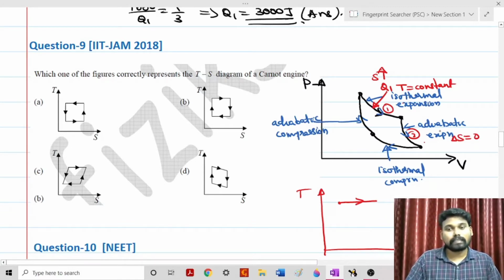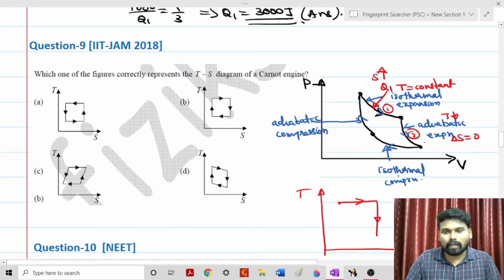We have to check that. In an adiabatic expansion, the system uses its internal energy to expand. So internal energy decreases and temperature decreases. Cooling is produced. Since the temperature is decreasing, the graph should go down.